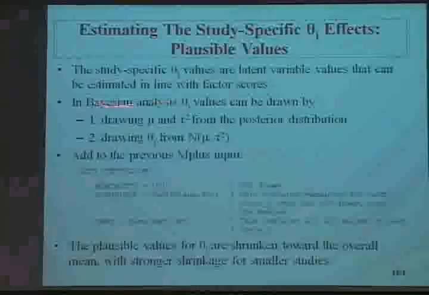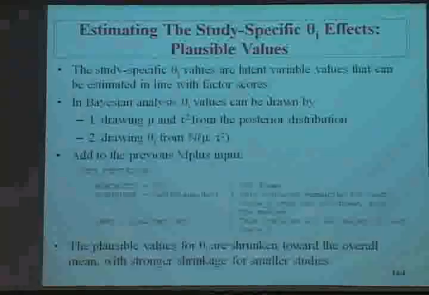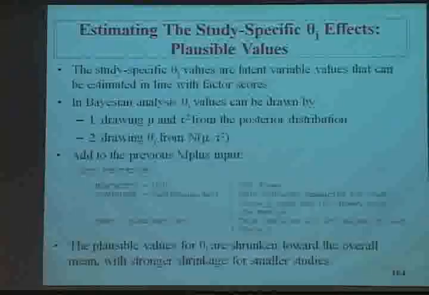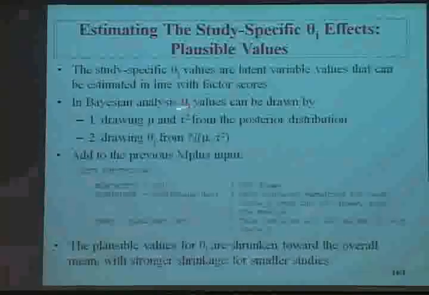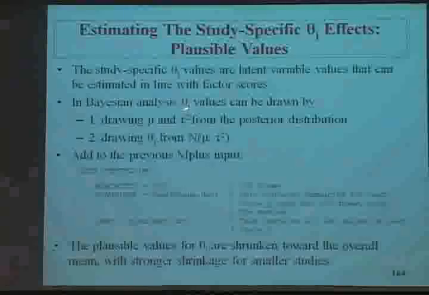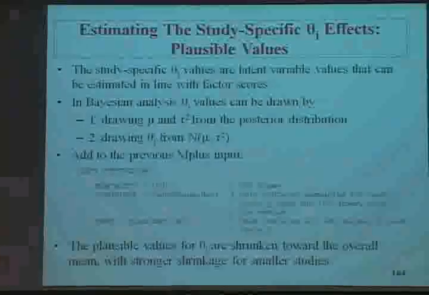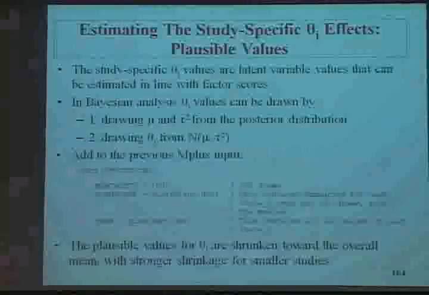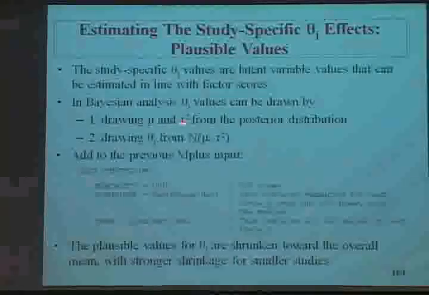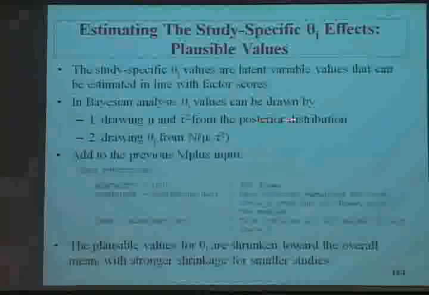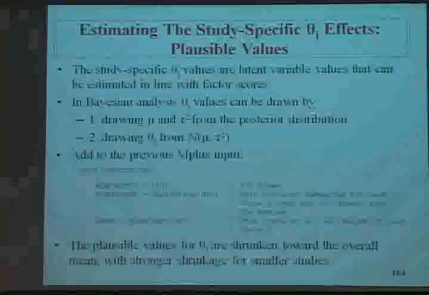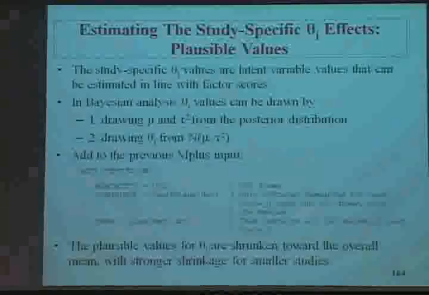And in Bayesian analysis, here's your first encounter then with plausible values. In Bayesian analysis, you can create these factor scores in 2 steps. First, you take a random draw of the mu and tau square values from their posterior distribution. You have now found the posterior distribution.